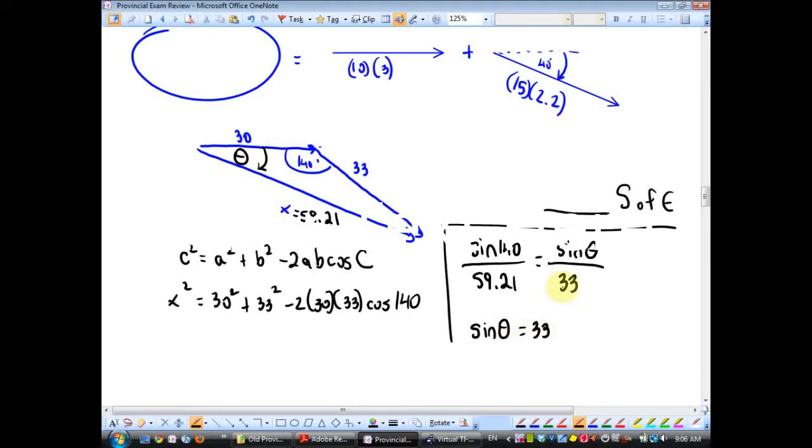33. I'll give you another hint. Sine 140 divided by what? Do that on your calculator. Oh, this doesn't give you theta. What does this give you? Sine theta. How would I find theta at the very, very end? Inverse sine.